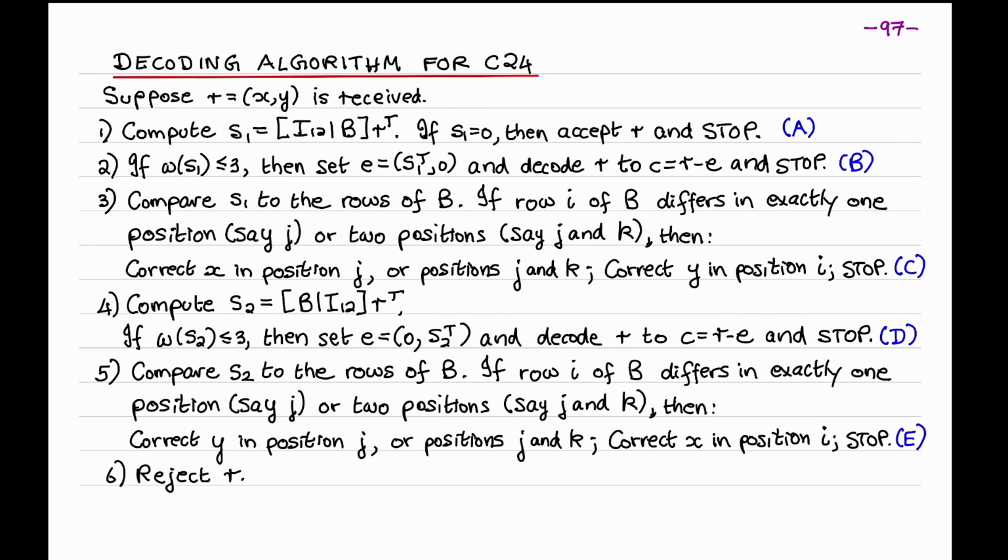Also, the operations involved are very simple, mostly adding rows of the PCMs for C24 and comparing syndromes with rows of the matrix B. Hence, this algorithm is especially well suited for hardware implementation.